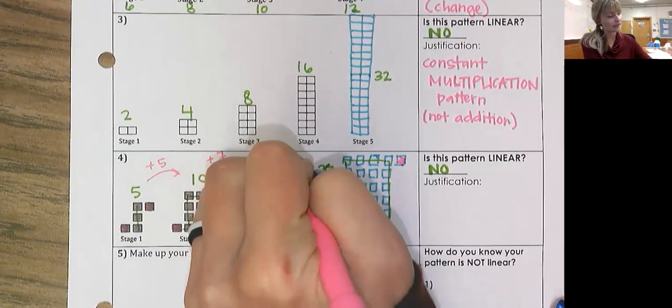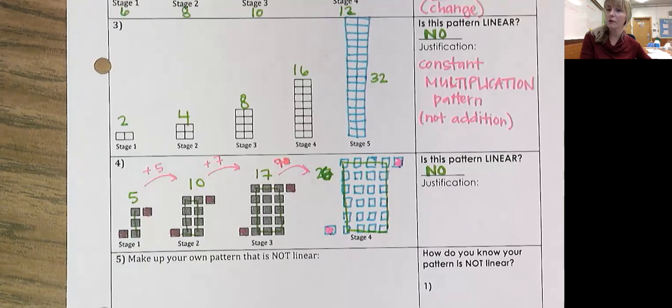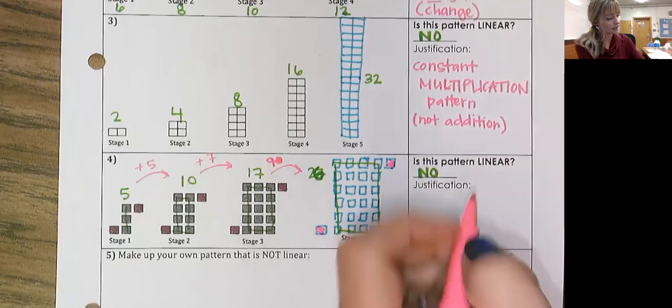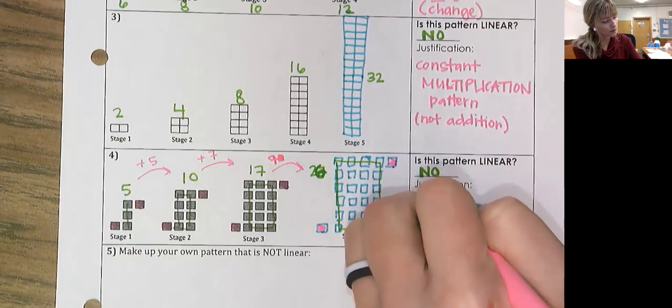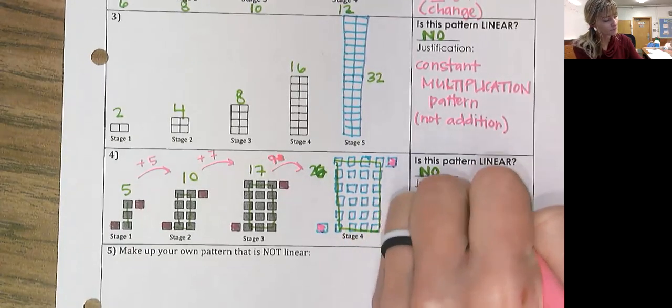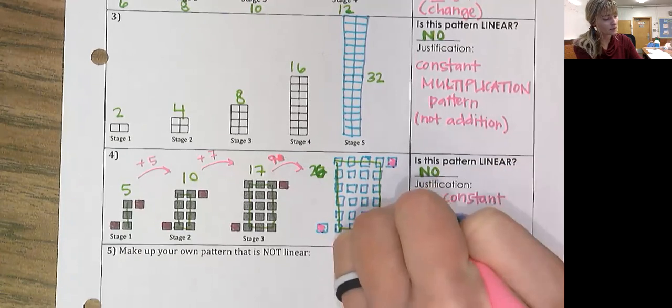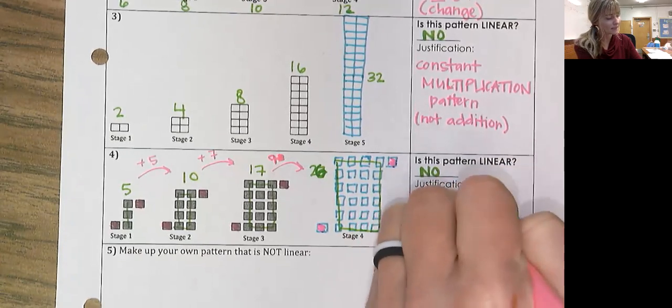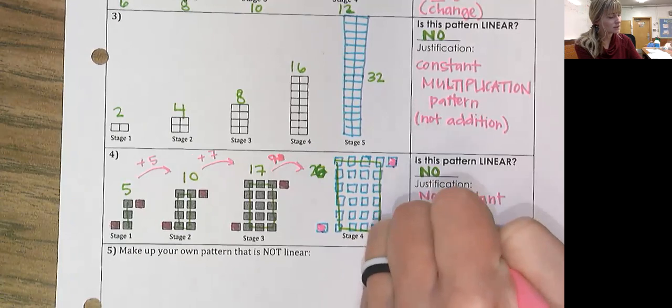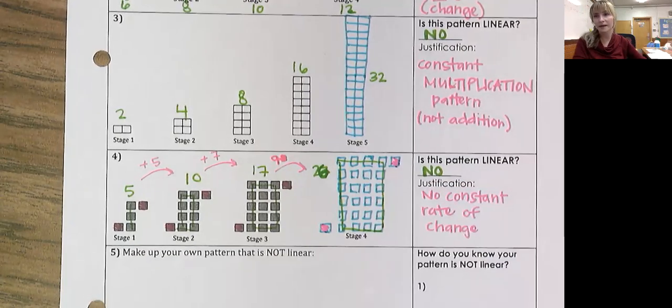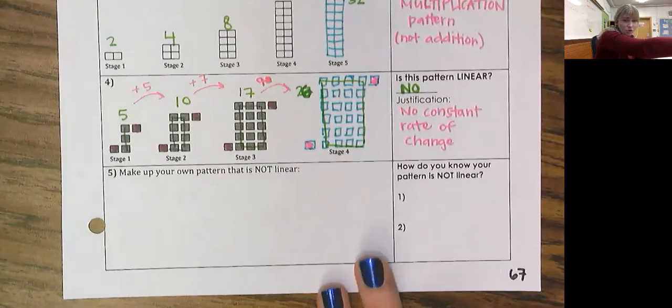And the reason I could recognize that is because I am familiar with other patterns that are not linear, but right now for your 8th grade brain, you need to understand only this is not linear. You don't need to know what it's called yet, but you need to recognize that it's not linear because there is no constant rate of change. It adds something different every time. That's not linear.